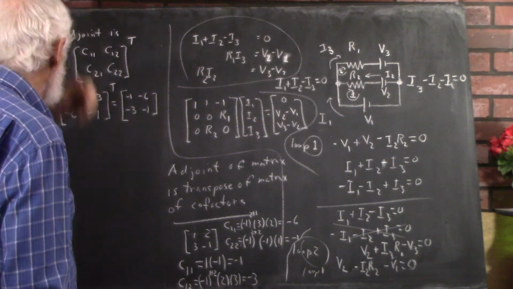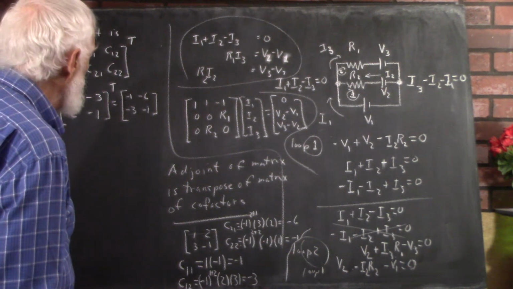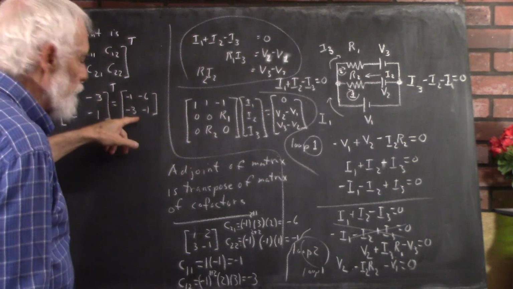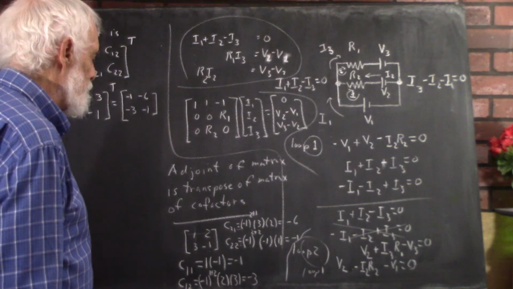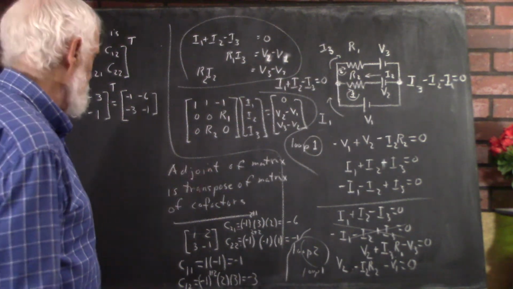If you then divide the adjoint by the determinant of the original matrix, you should get the inverse of the matrix.